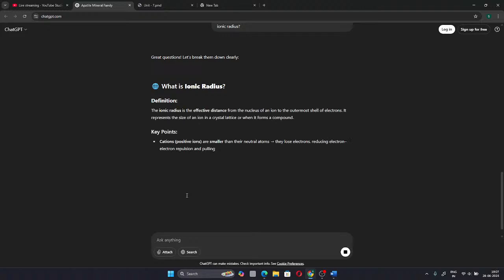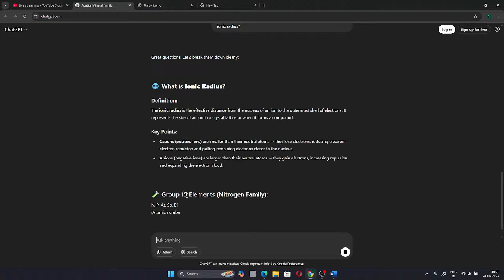The ionic radius is the effective distance from the nucleus of an ion to the outermost shell of electrons. It represents the size of an ion in a crystal lattice or when it forms a compound. Key points: cations, positive ions, are smaller than their neutral atoms. They lose electrons, reducing electron-electron repulsion and pulling the remaining electrons closer.